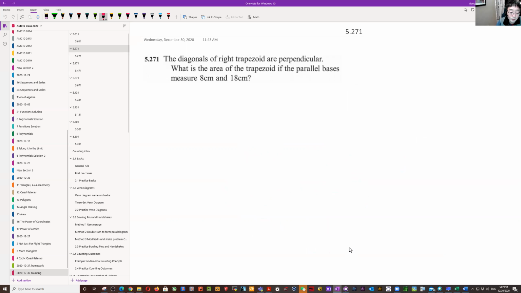In this problem, we have to construct a right trapezoid. A right trapezoid has a right angle on this side, and the diagonal is also at a right angle. So this is also right. And this is the 8, and this is the 18.